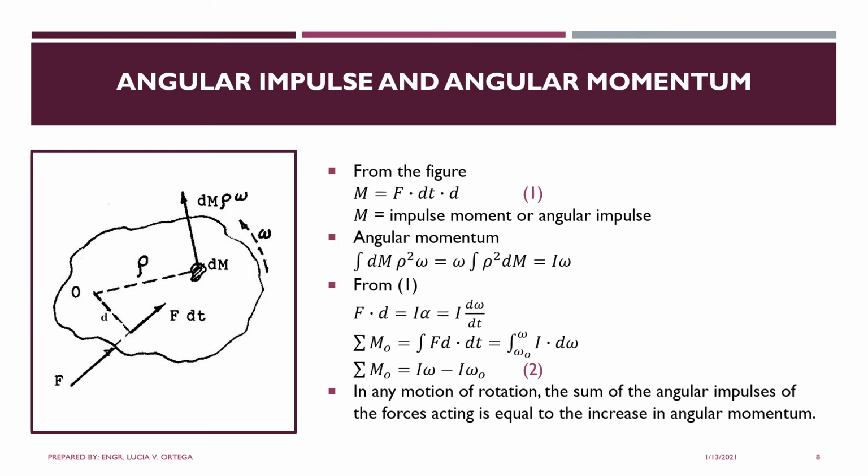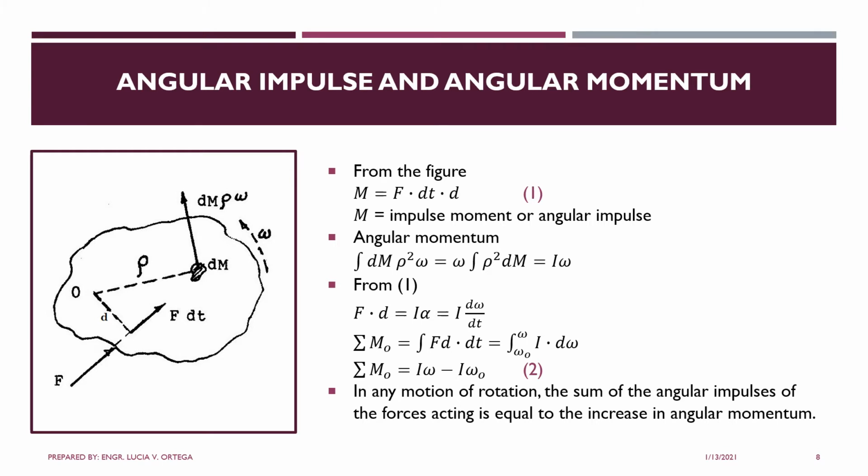Angular velocity may be constant, so that would be outside the integration sign. So that would be the integral of rho squared dm. And from the last part of statics, the integral of rho squared dm is equal to the mass moment of inertia, dm being the mass. So for mass moment of inertia, the equation would be I = mk², where k is the radius of gyration, or the distance from the center of the mass up to the axis of rotation.